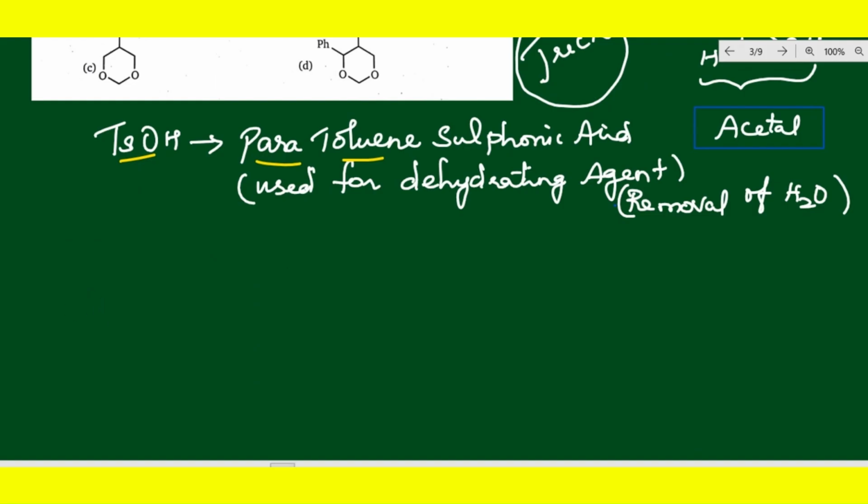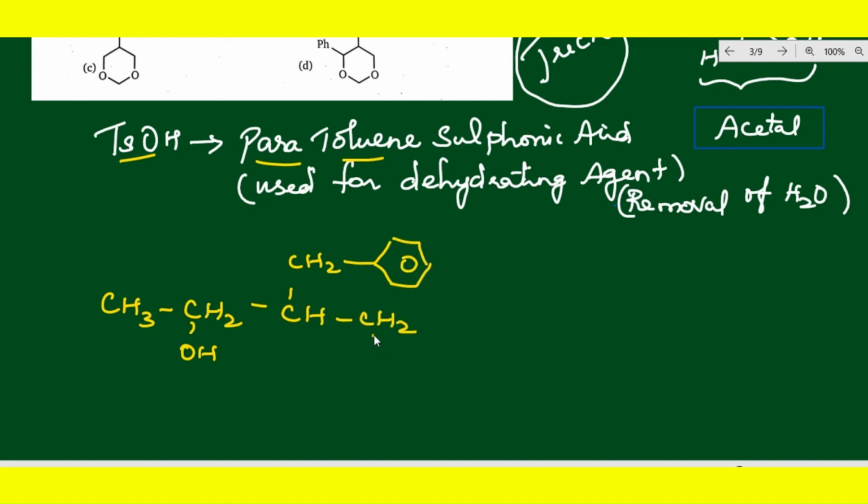CH3, CH2, here OH, here CH, here the CH2 phenyl group which is attached over here. Here CH2, here OH, and then it reacts with formaldehyde, HCHO, along with the TsOH, that is para-toluene sulfonic acid.